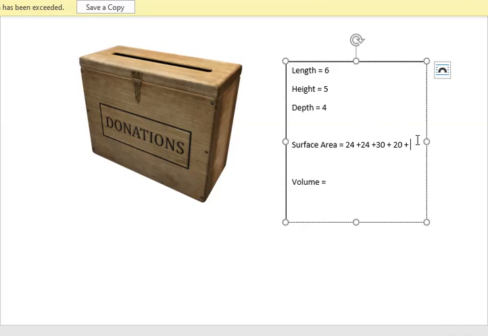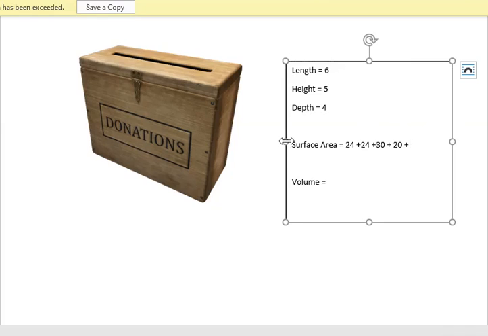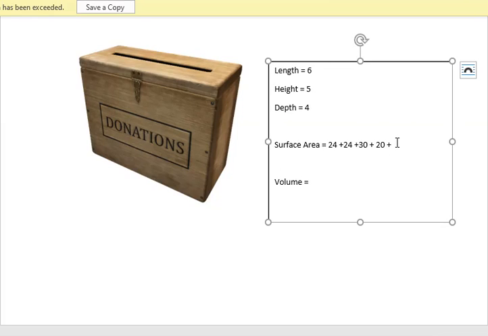That's right. And we have two faces of 5 times 4, which gets us 20 plus 20.